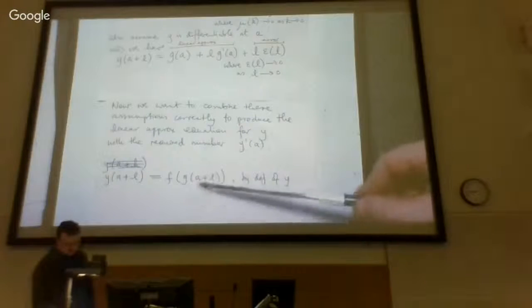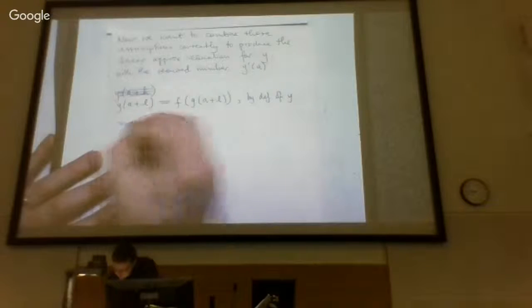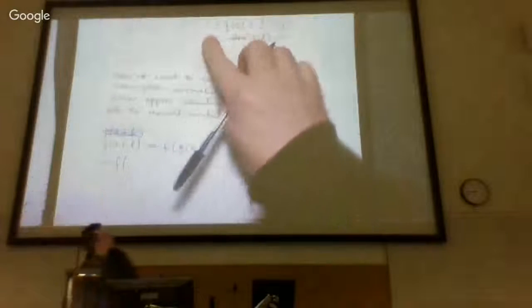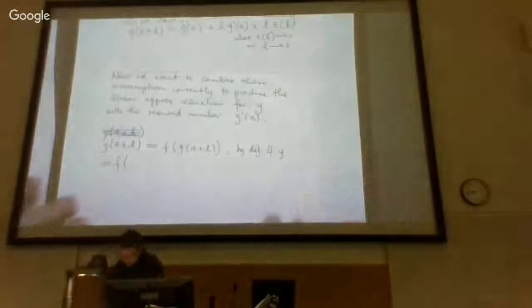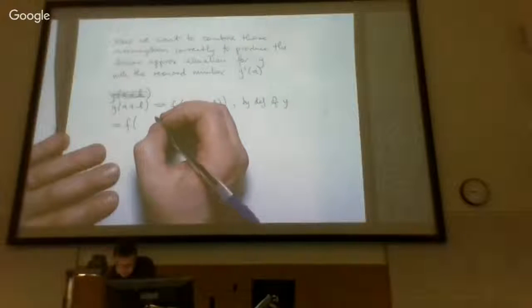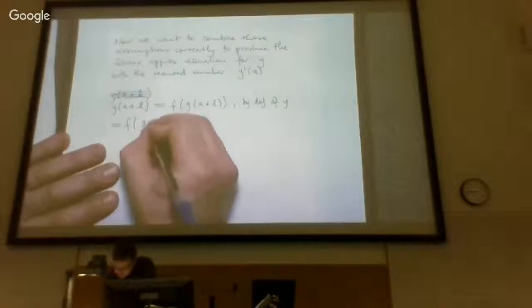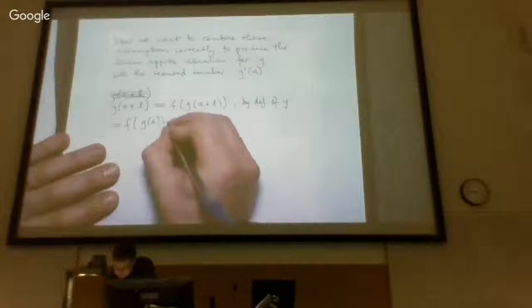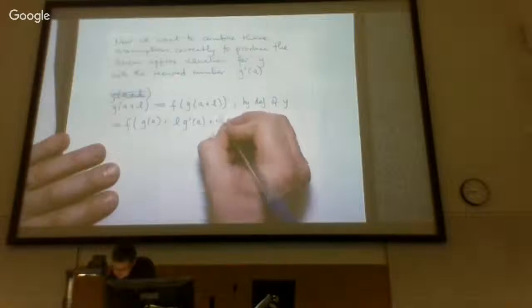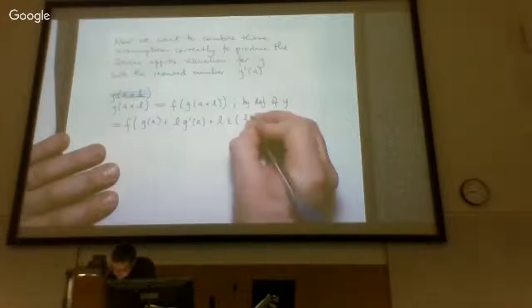So I'm just going to put that in here. So this is f of, and instead of g of a plus l, I just put in all of the right-hand side here. It's a bit of a mouthful, but that's going to be g of a plus l times g prime of a plus l times epsilon of l.